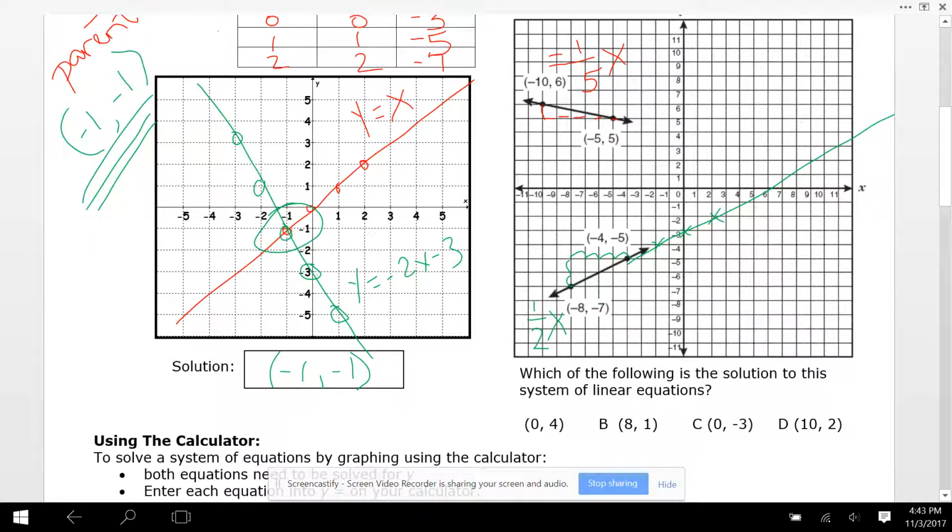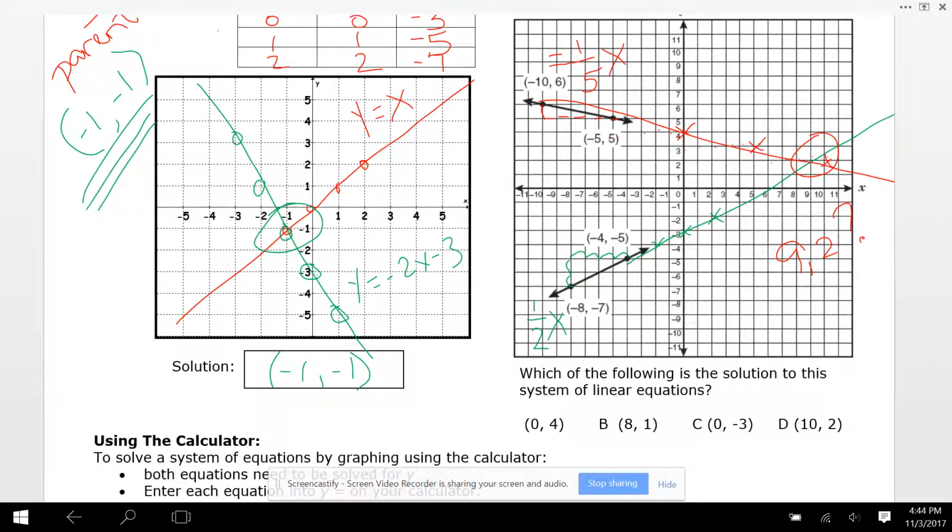Okay, so I will go down 1, and over 1, 2, 3, 4, 5 right here. So somewhere in here is where my lines are going to cross. And let's just take a guess and say it's going to be 9, 2. But that's just a guess because I can't tell.